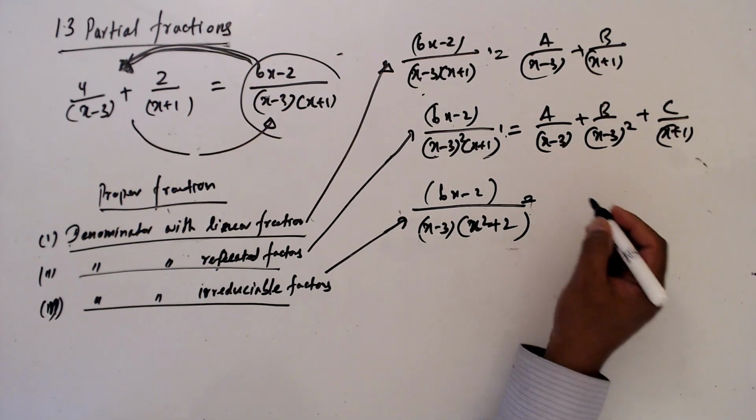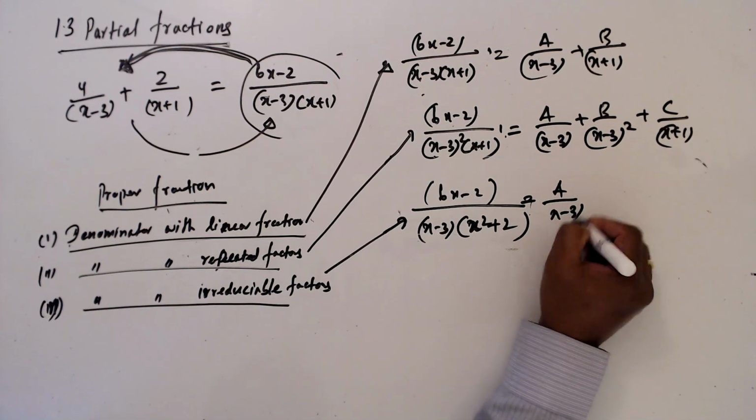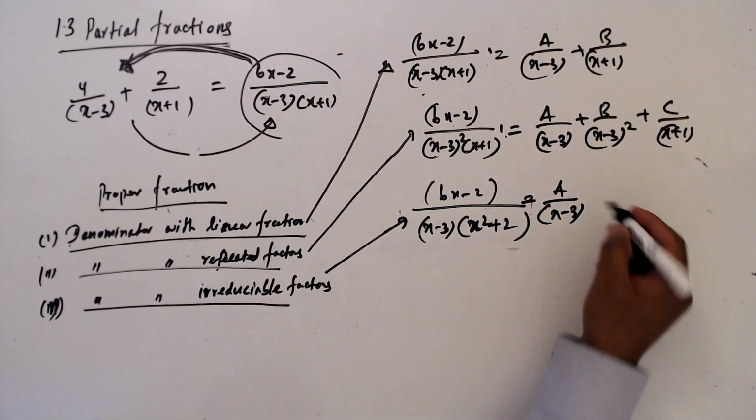If it is an irreducible factor, we write A over x minus 3 because that is linear as usual.